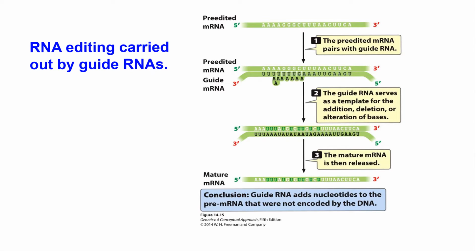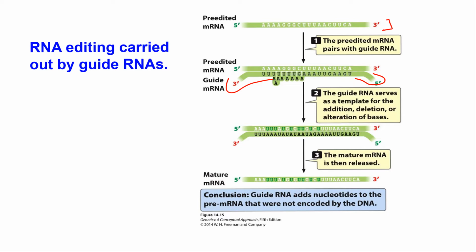So let's now look at how RNA editing carried out by guide RNA works. Guide RNA has sequences which are partially complementary to mRNA. So here is the pre-edited mRNA, and here you have the guide RNA. This guide RNA has only partial complementarity to the mRNA, through which it anneals to it.